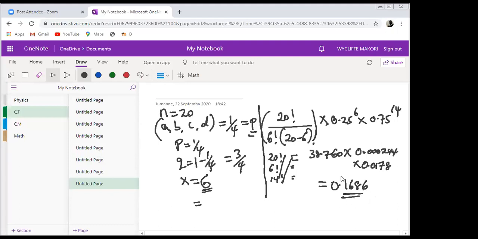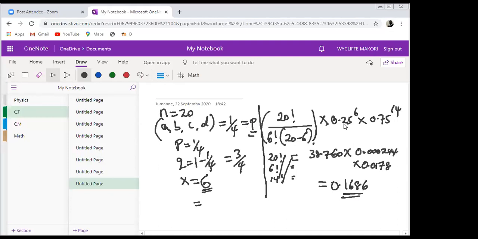Let us feed these figures in the calculator directly the way they are. We know this part we have calculated, it is 38,760. So you can place that in your calculator. Then we multiply times a bracket. We put these figures in the calculator, 0.25 power 6.